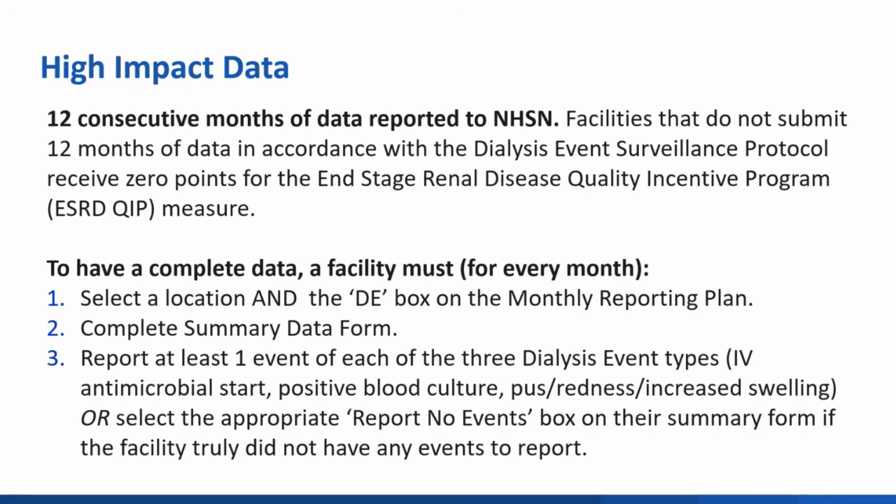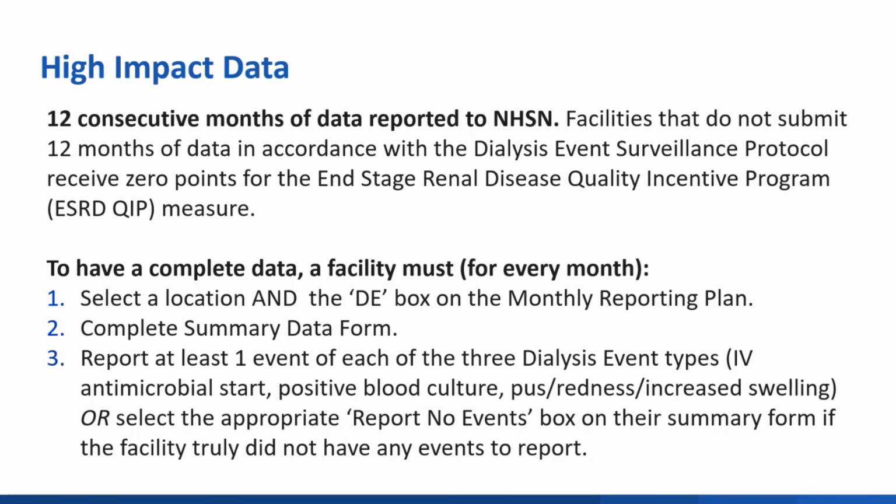To have complete data, a facility must, for every month, so all 12 months, select a location and the DE box on the monthly reporting plan, complete the summary data form, and report at least one event of each of the 3 dialysis event types.